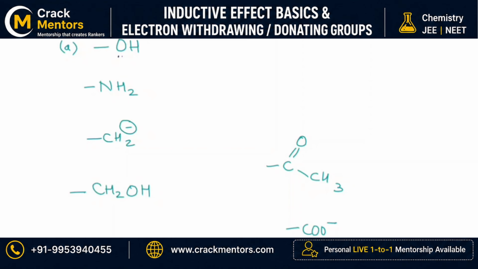So that thing is working here, that here it is not donating its lone pair. It will donate its lone pair when we will read resonance. Here what is this OH doing? Due to the electronegativity difference, it is attracting the electron. So it is not electron donating, it is electron taking, electron withdrawing.